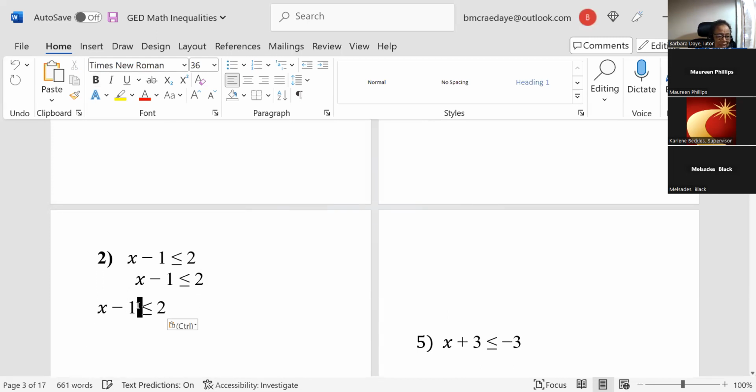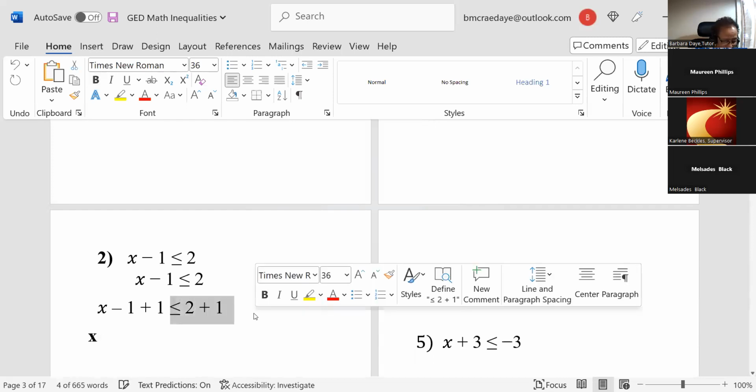So what would x be? So you said you add the 1 to both sides. So let me just put the 1 here, and add the 1 on the other side. So your answer would be x less than or equal to 3.